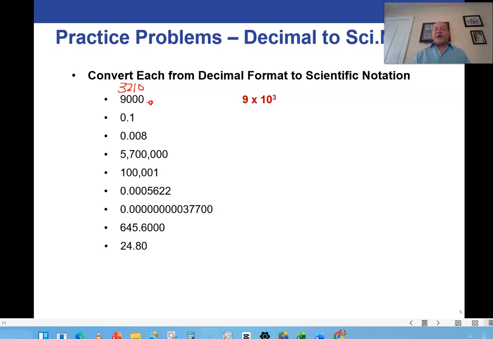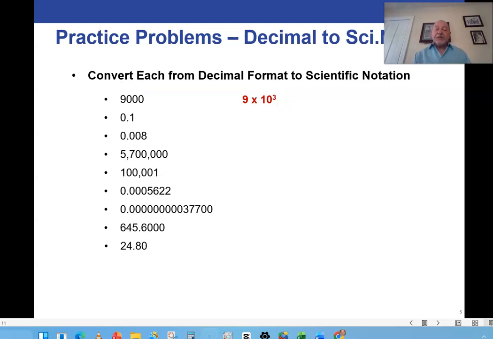Now, they're not really called that. They're actually called the ones position, the tens position, the hundreds position, and the thousands position. But if you just count them from 0 upward as you move to the left, you'll notice that since the 9, the first non-zero digit, starts in the 3 position, that would be the power of 10 we're going to use. So it would be 9 times 10 to the 3.